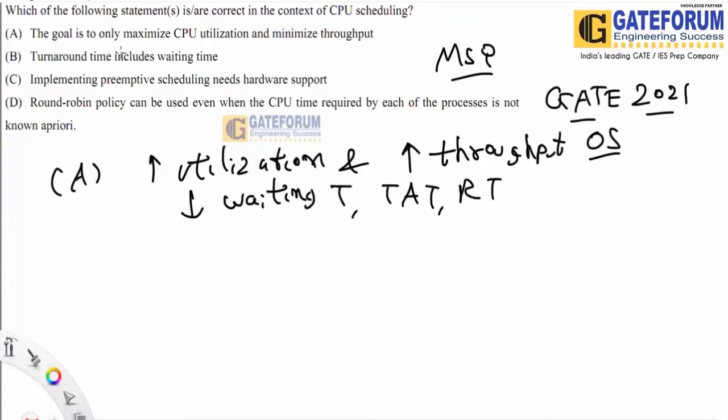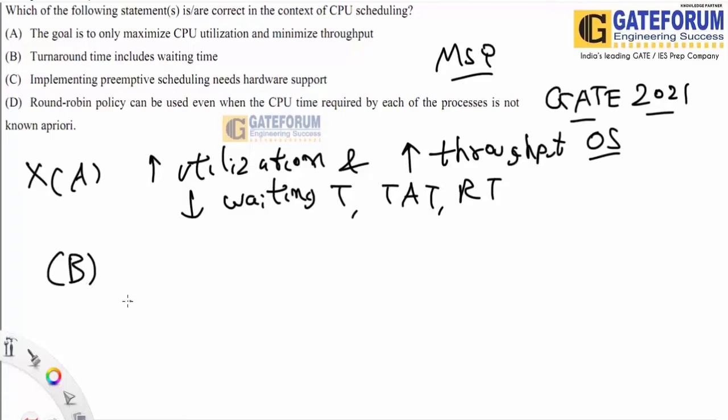So only maximizing CPU utilization and minimizing throughput is wrong. We need to increase utilization, increase throughput, and reduce waiting time, turnaround time, and response time. So option A is not correct.